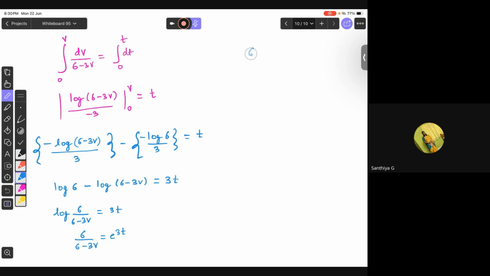So we get 6 by e power 3t equals 6 minus 3v. So we get 6 into e power minus 3t equals 6 minus 3v. So 3v equals 6 minus 6 into e power minus 3t.